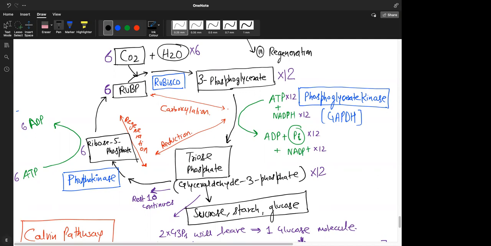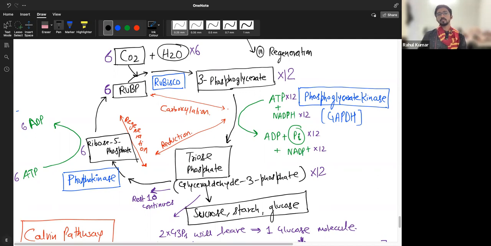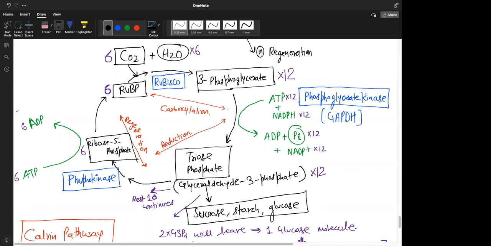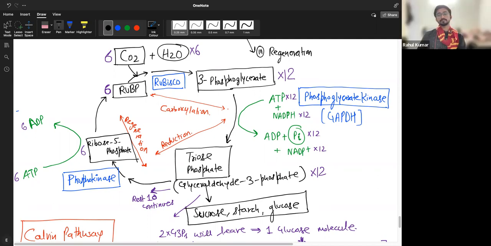And how many molecules of RUBP are we regenerating back? 6. So how many carbons do we need? 6 into 5, 30. And do we have 30 carbons when 10 molecules of glyceraldehyde 3-phosphate did not leave and continued? Yes sir.